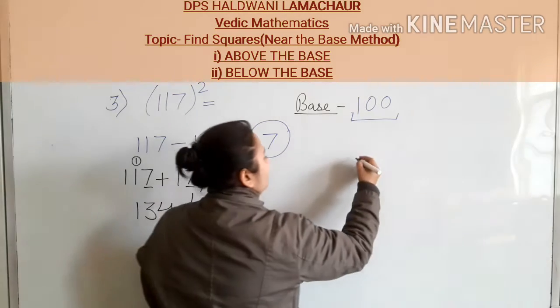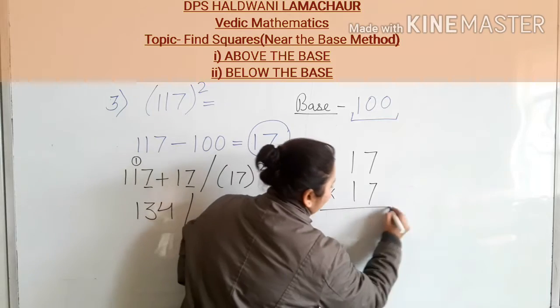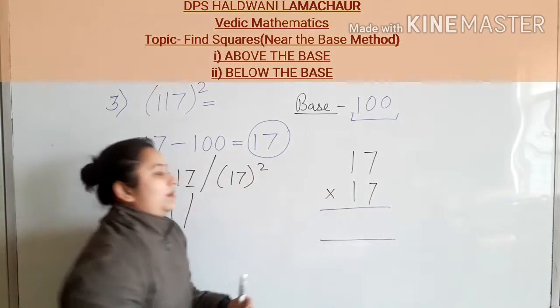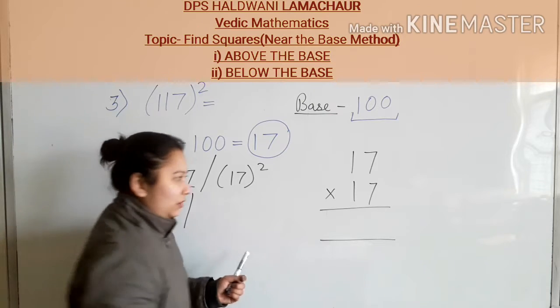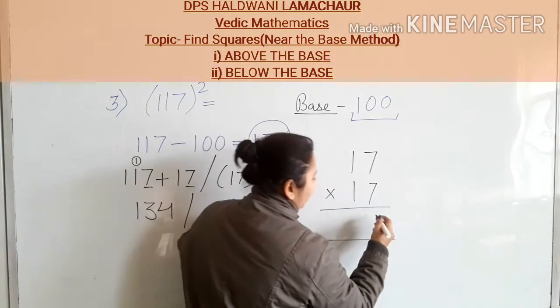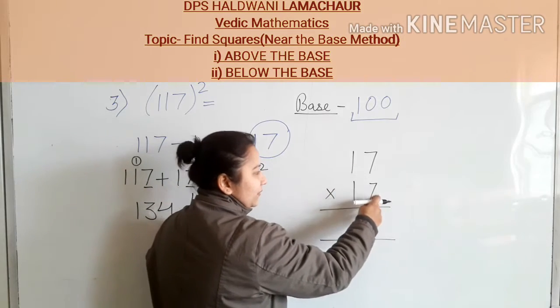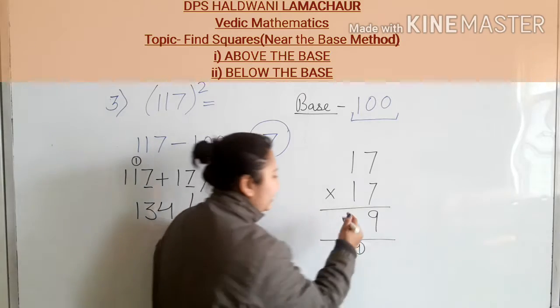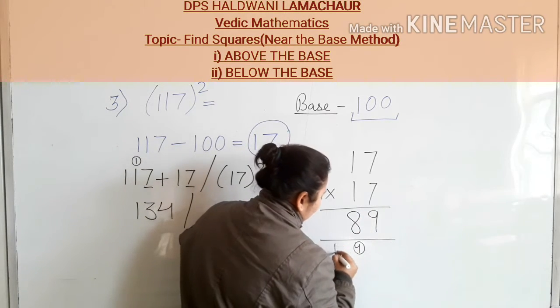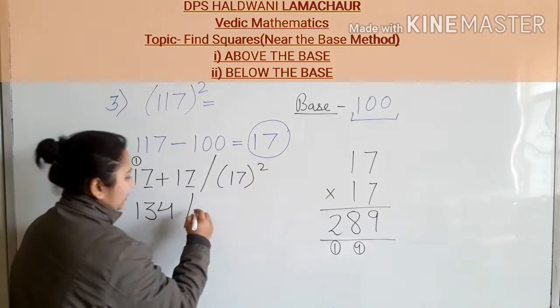Again I am repeating, those students who know the square of 17 can write directly. Others can multiply with their method, or they can use the IXI method also. Now 7 sevens are 49, 9 here, 4 carry. 1 seven is 7, 7 ones are 7, so 7 plus 7, 14, 14 plus 4, 18, 8 here, 1 carry and 1 ones are 1, 1, 2. 289.